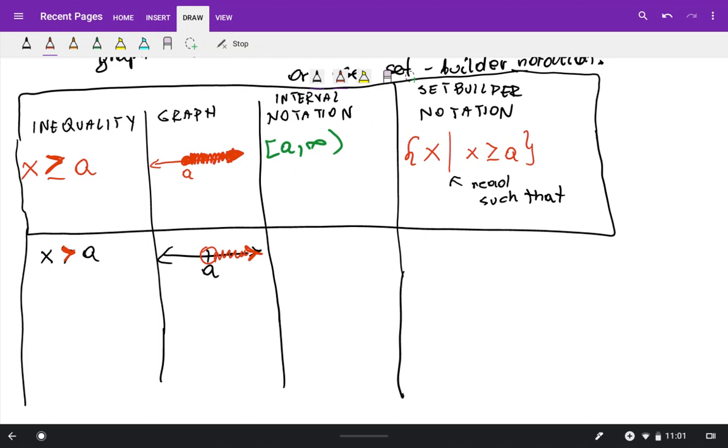Interval notation will be, if you're not including a, you're going to put parenthesis, a, comma, infinity. When you have infinity, you always keep parenthesis, okay? And set builder notation will be, the solutions are all the x's such that x is greater than a.